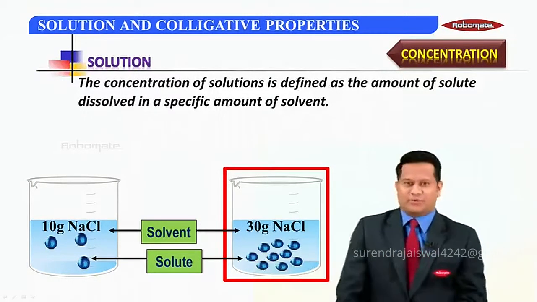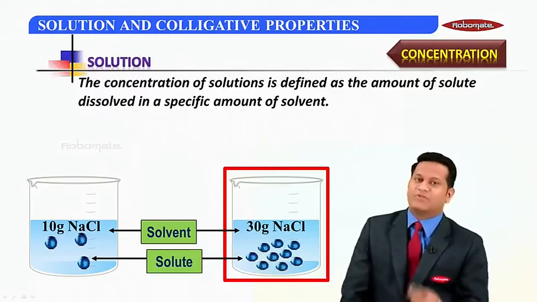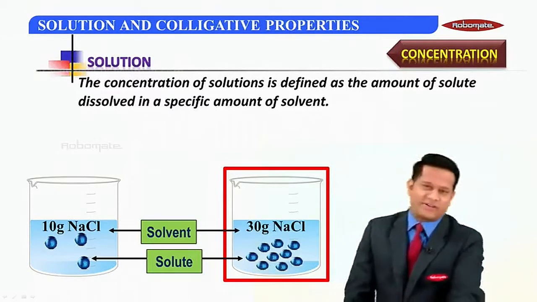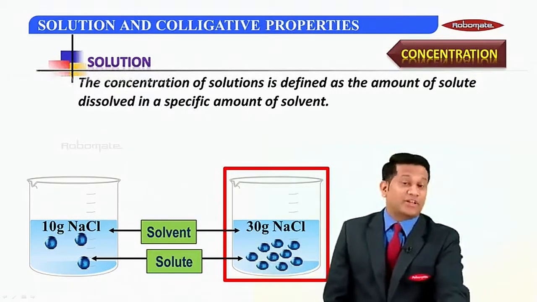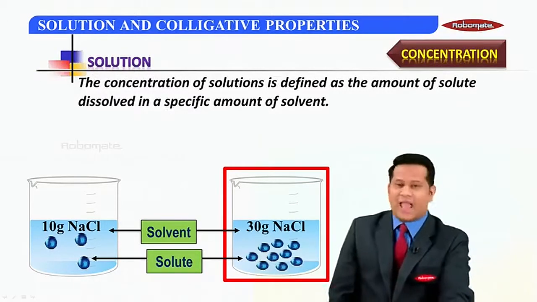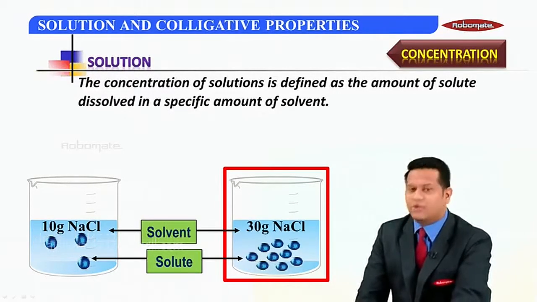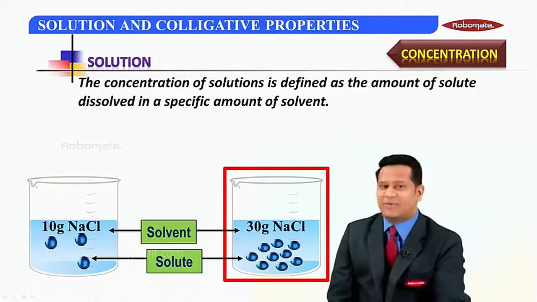Now, if I ask you, of these two containers, which one will be more concentrated, then the answer is 30 gram NaCl because it contains more quantity of solute. And which one is less concentrated, or which one is dilute? The answer is 10 gram of NaCl.